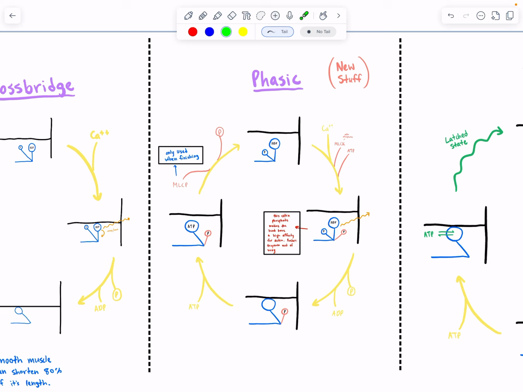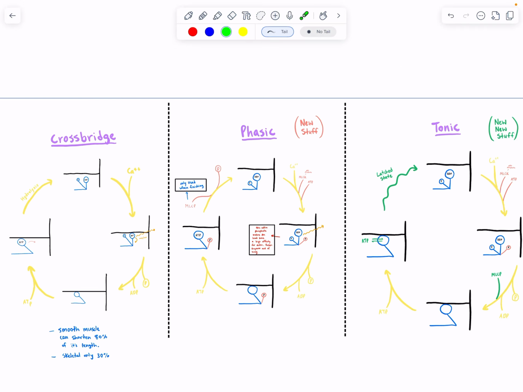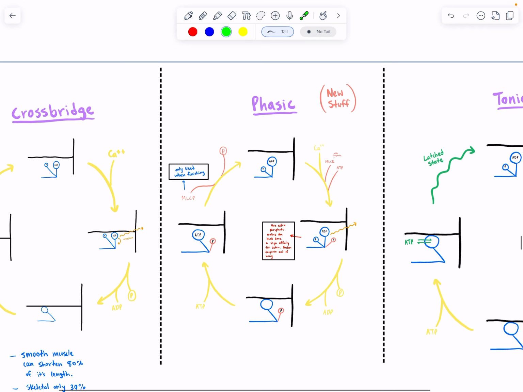This right here will turn into an ADP and a phosphate, and we don't have to use as much ATP because that phosphate is still on there. So it makes things pretty effective and not as fatigable, since we're not using as much ATP.